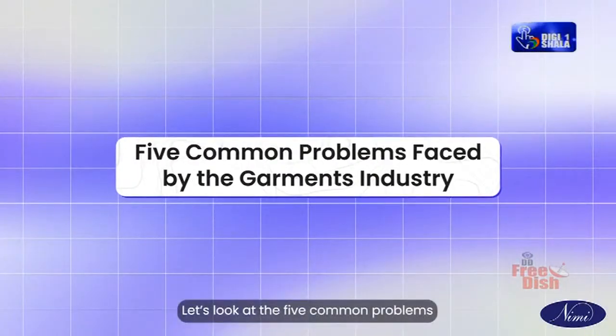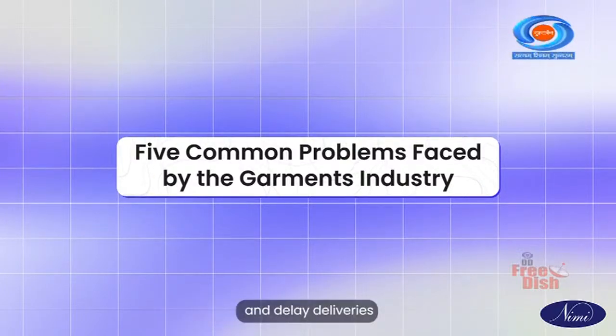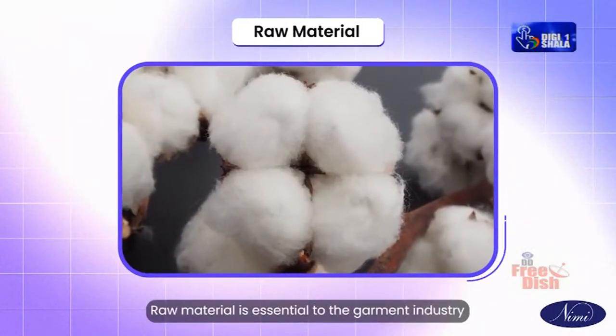Let's look at the 5 common problems that all garment manufacturers face that hamper the garment production performance and delay deliveries. Raw material is essential to the garment industry.